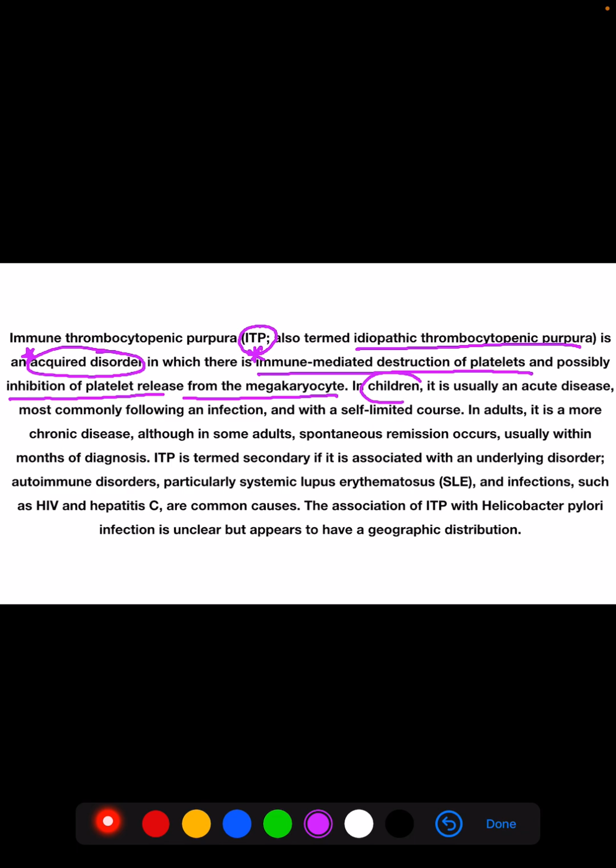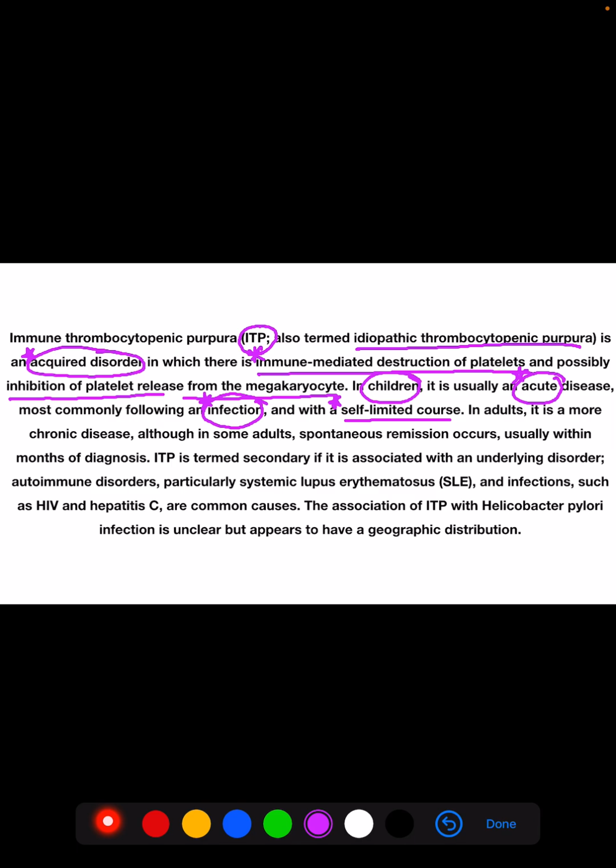In children, it is an acute disease, and in children this most commonly follows an infection, and this has a self-limited course.